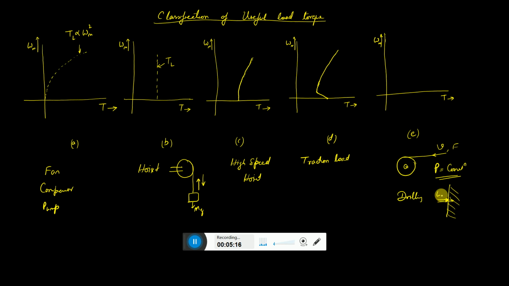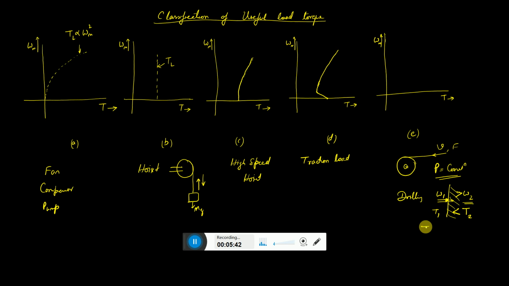So if the speed is now omega 1 and after it gets into the wall its speed is omega 2, omega 1 should be greater, omega 2 should be lesser. Also when it is drilled inside, the torque required is very high. When it is outside, the torque requirement is less. When it is inside, the torque requirement is more.